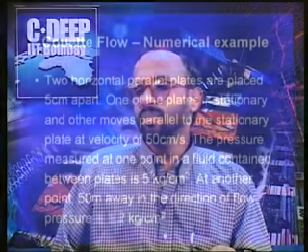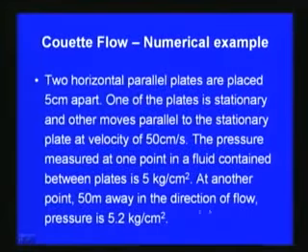We consider two horizontal parallel plates which are placed 5 centimeter apart. One of the plates is stationary and the other one moves parallel to the stationary plate at a velocity of 50 centimeter per second. The pressure measured at one point in the fluid contained between the plates is 5 kilogram per centimeter square, and at another point 50 meter away in the direction of flow, the pressure is measured as 5.2 kilogram per centimeter square.